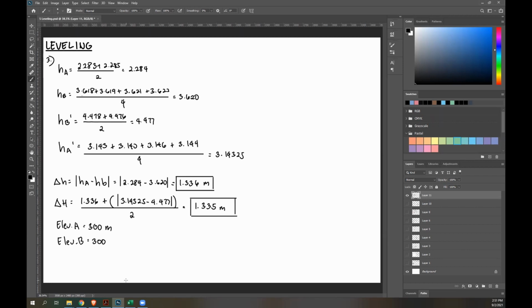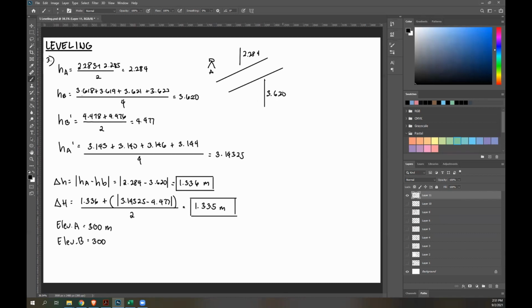So you can just look at one of the measurements from one instrument setup. For your instrument at A, reading at A is 2.284. At B, it's 3.620.